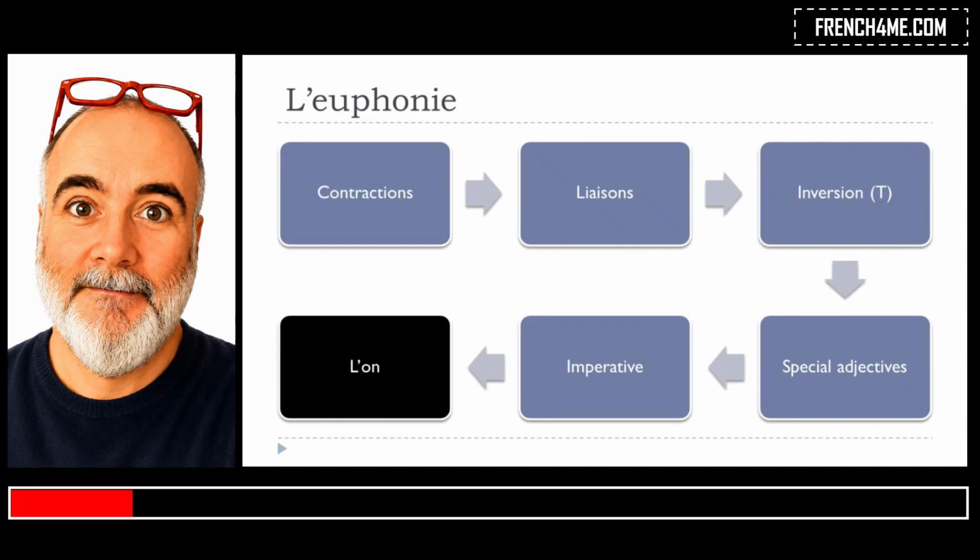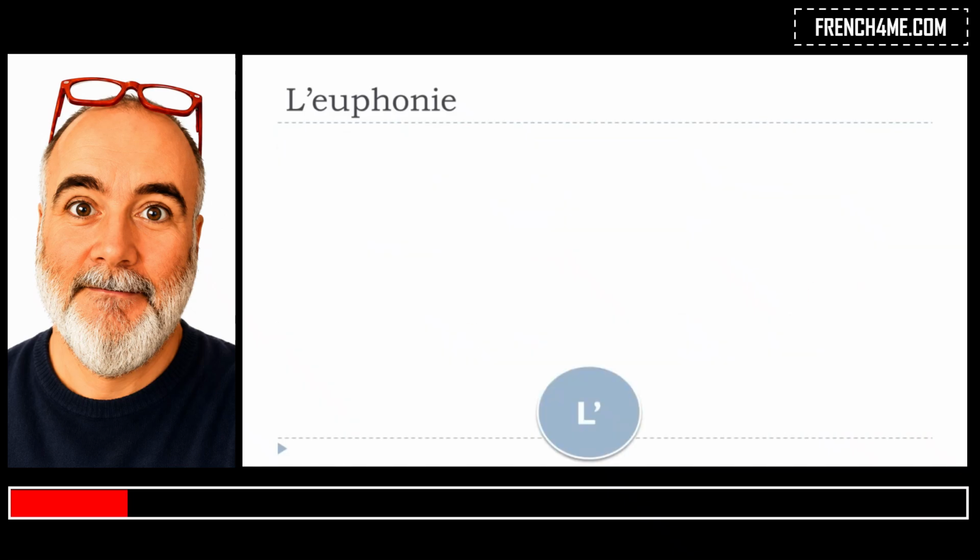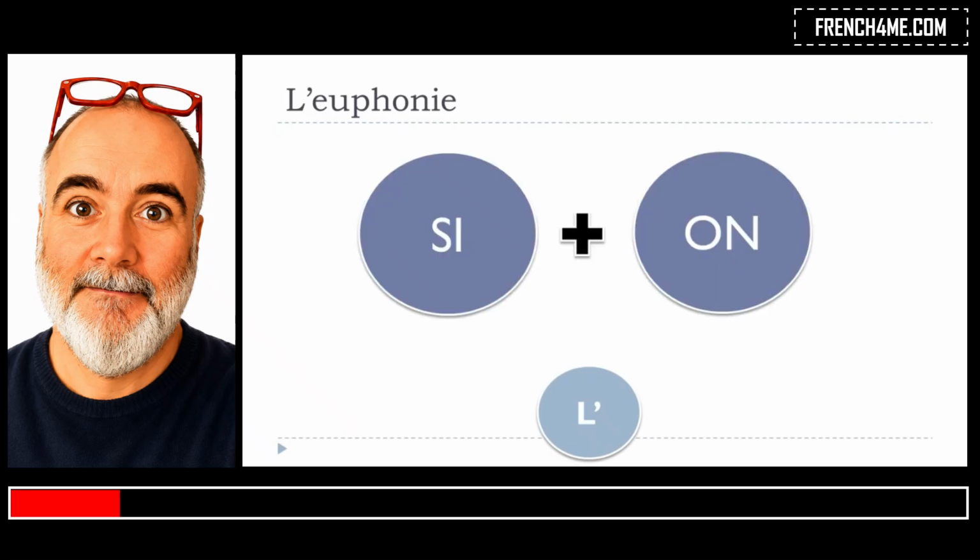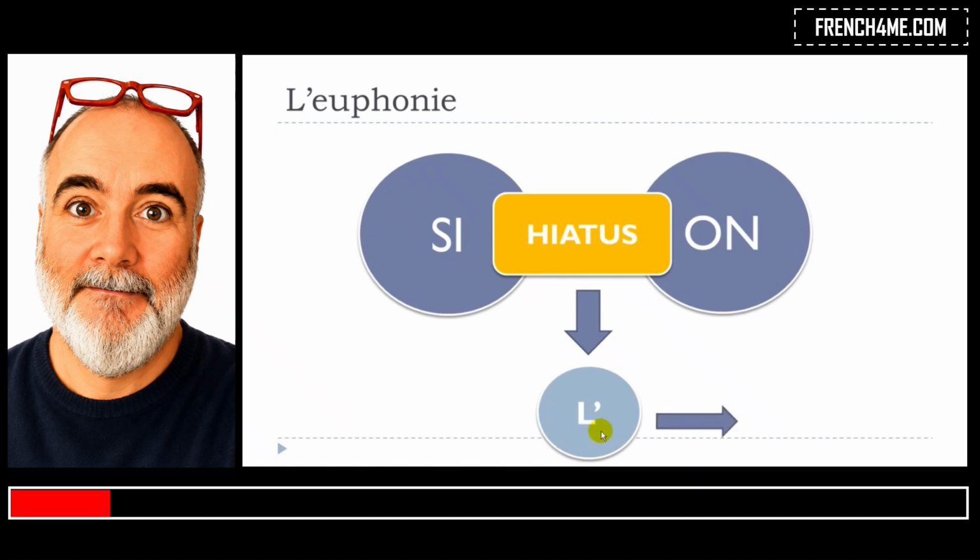And the last, but not the least, and it's long. Si plus on, as we saw, it will create what we call a hiatus. And that's the main reason why it was here from the start. You will have to add this L just to get si l'on.